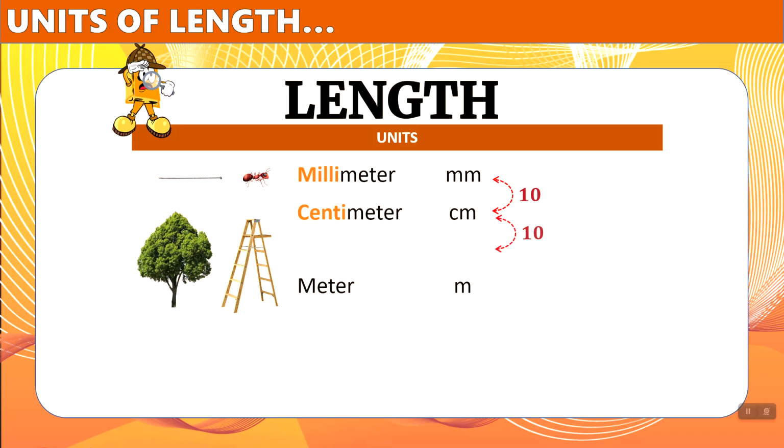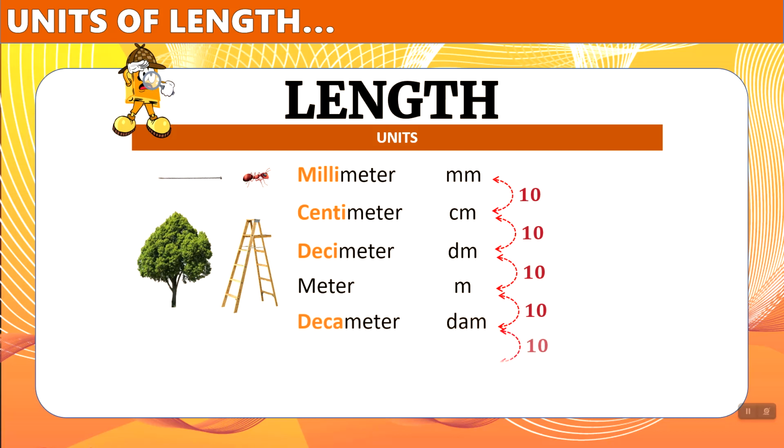And when we have 10 centimeters, that gives us 1 decimeter, the abbreviation dm. When we put 10 decimeters together, it gives us a meter. And when we have 10 meters, that is called a decameter, the abbreviation dam. If we have 10 decameters, that gives us a hectometer, abbreviation hm.